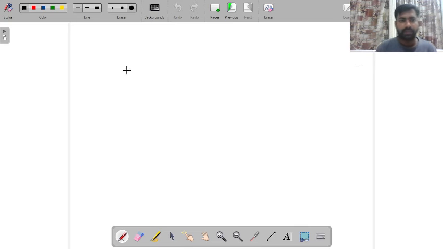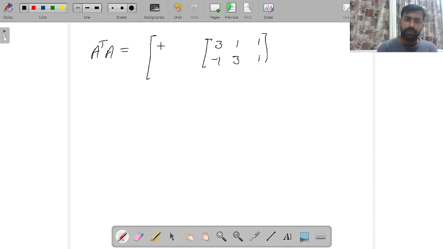Next, let us go for V. It means now I need to look for A transpose into A. You know what is A? A is actually 3 1 1, negative 1 3 1, and now you write its transpose, 3 1 1, negative 1 3 1. Now I need to calculate this product.